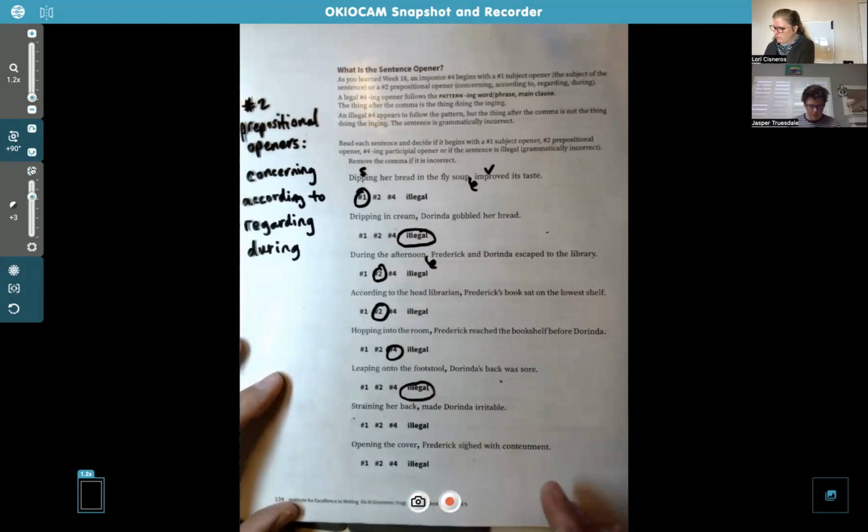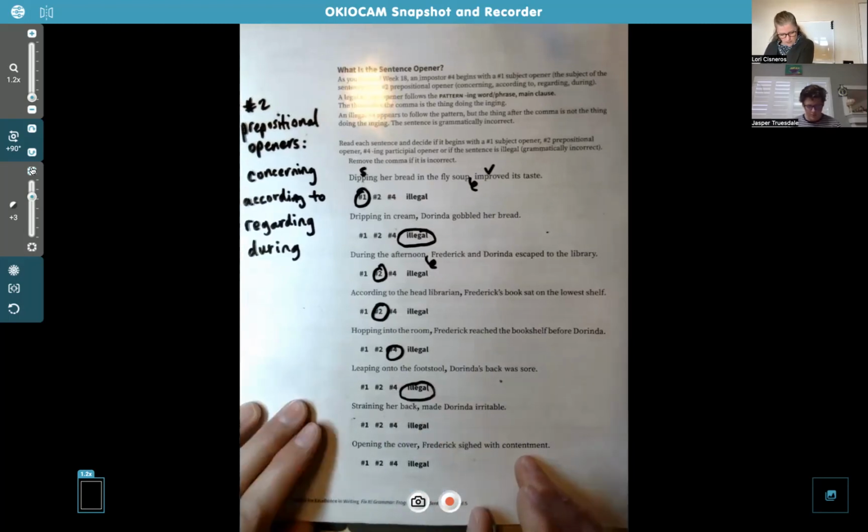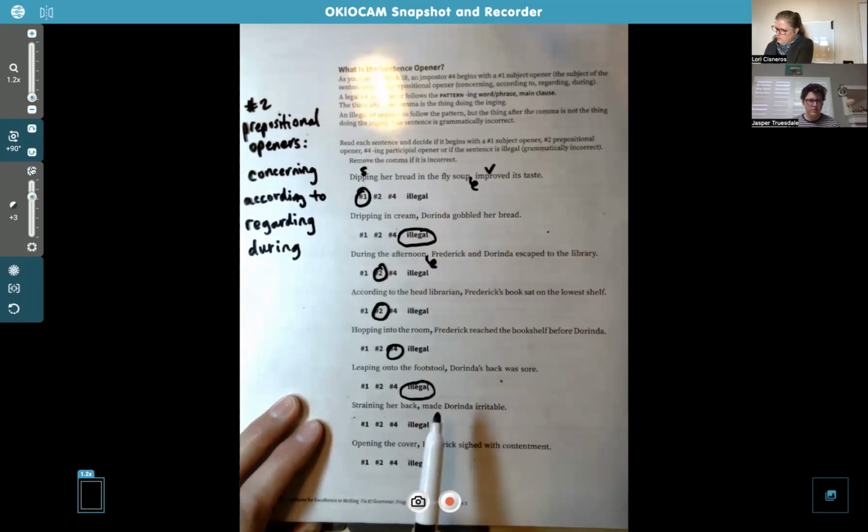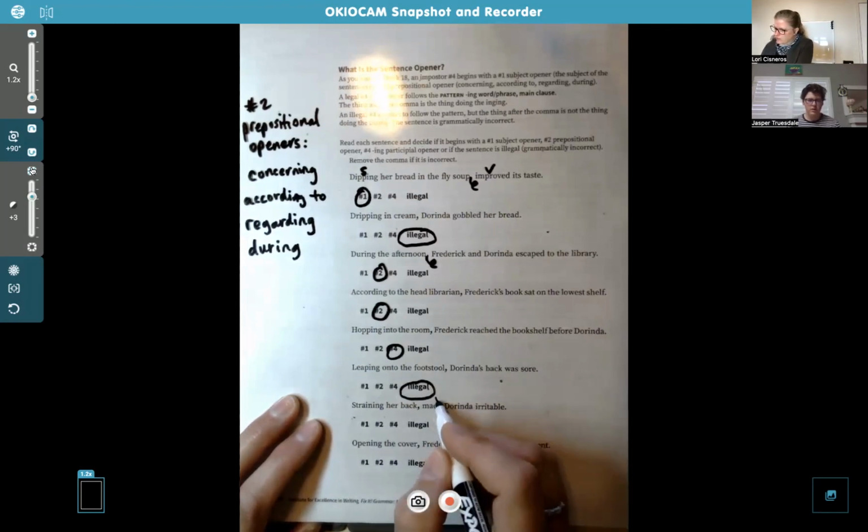Straining her back made Dorinda irritable. Is that one a number 4? No, because right after the comma is the word made, and that's a verb.